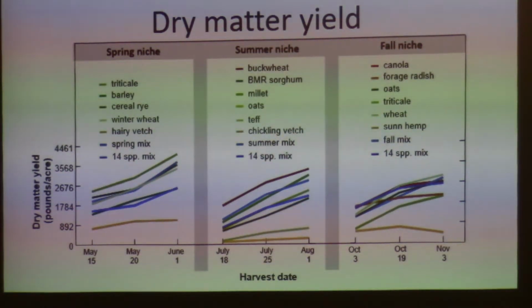Now, when we're capturing the sun's energy in forages, the amount of dry matter that we produce from that process is only part of the story, right? The other part is the nutritional quality of that forage.